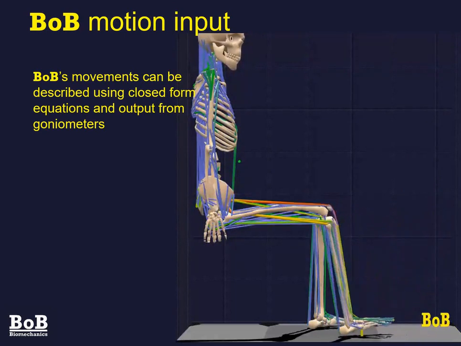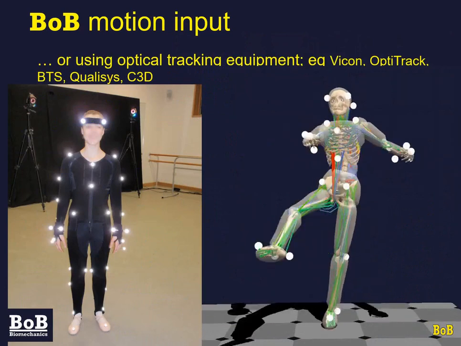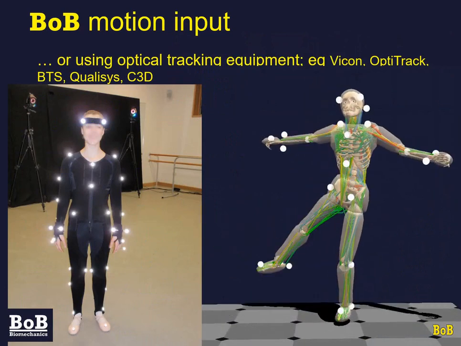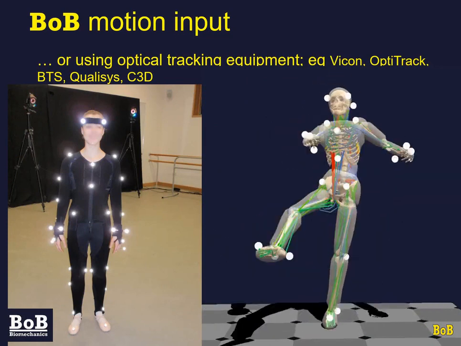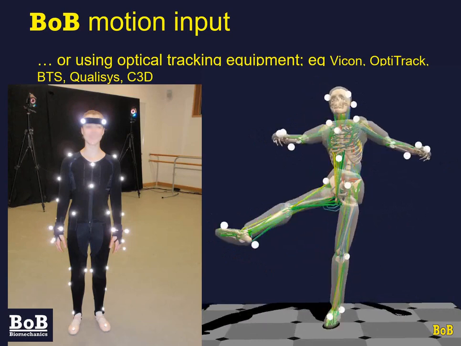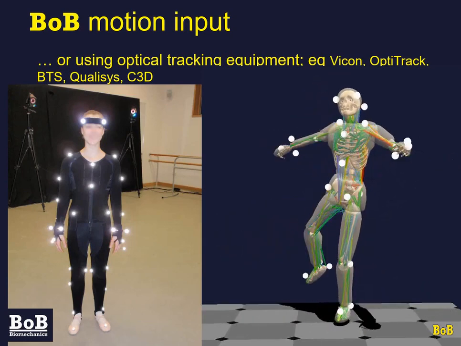To model real life applications, we probably need to use some form of motion capture. Motion capture comes in two basic forms at the moment. There's optical tracking. It's used a lot in film generation, where you have animated sequences from computer-generated graphics.